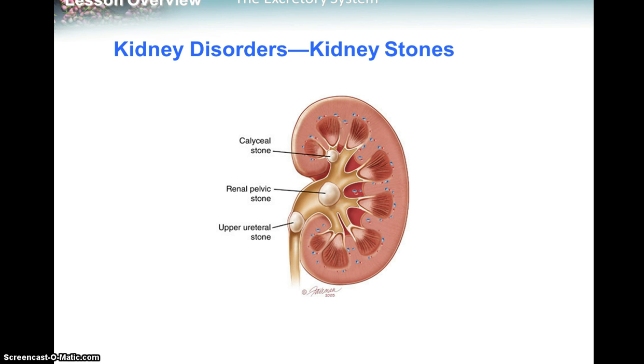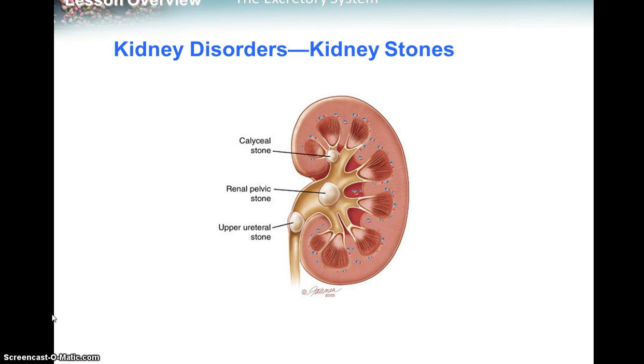All right, a couple of disorders, and you can write these on another piece of paper or any little space that you have. Kidney stones are basically a little blockage that happens when atoms or ions bond together. So what does that mean?